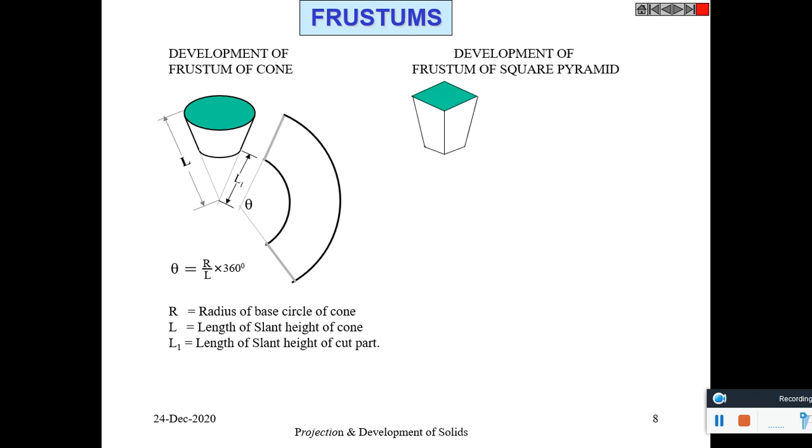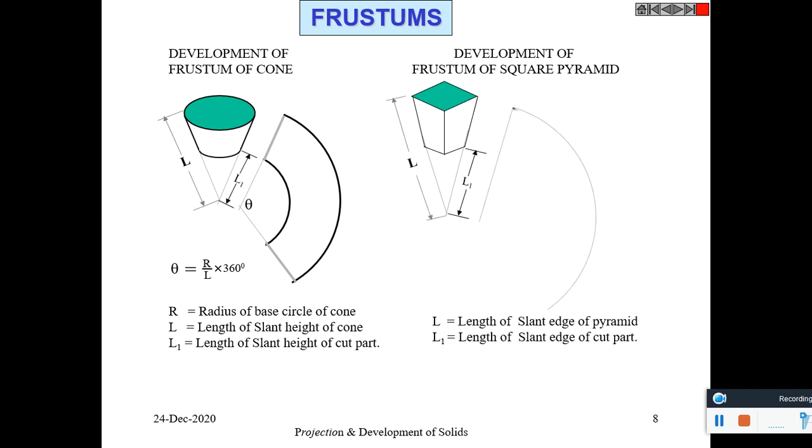Development of frustum of square pyramid. This is the base side. It consists of 4 sides and 4 triangles.